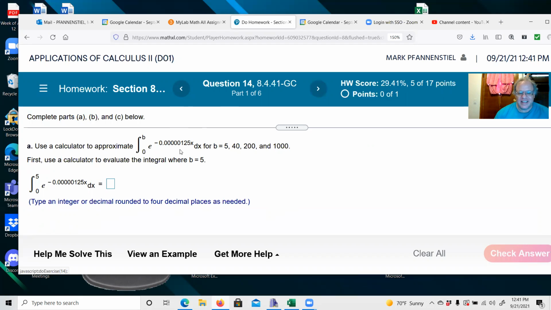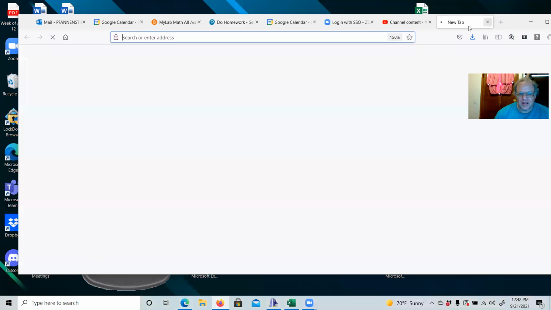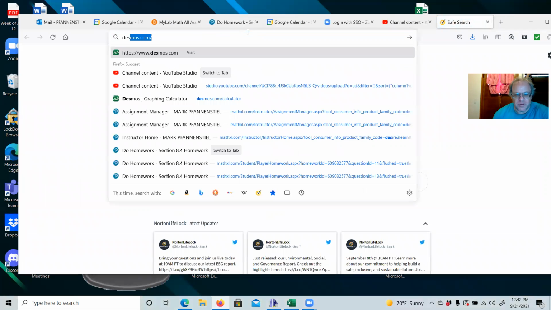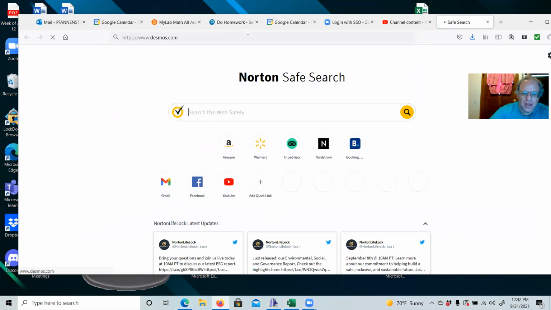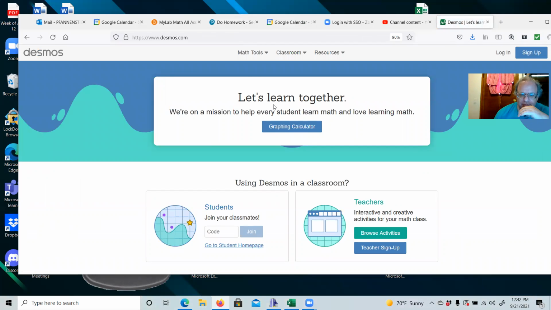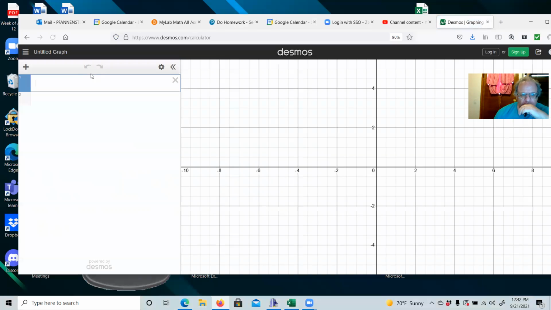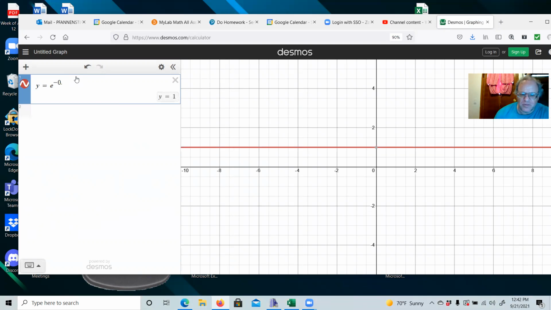It's not moving very fast because the rate here, the exponent, is really, really slow. So what we have, can I go ahead and do this? Can I say Desmos? All right, and we'll say y is equal to e to the negative 0 point, I think there were 5 zeros.